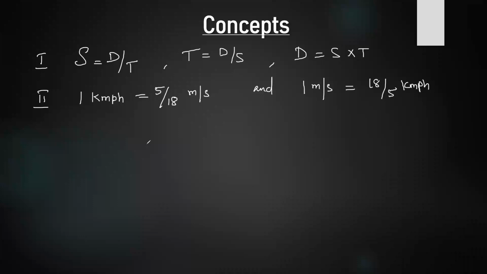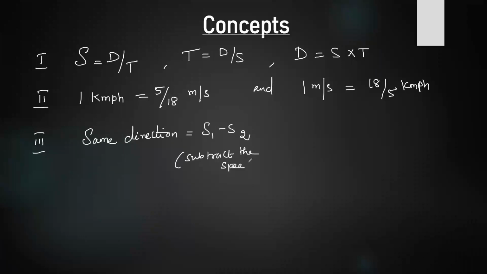Just multiply with these terms. The third one, important thing, directions. Same direction, subtract the speeds. This is the relative speed. Yes, cross and overtake are both for roadways.